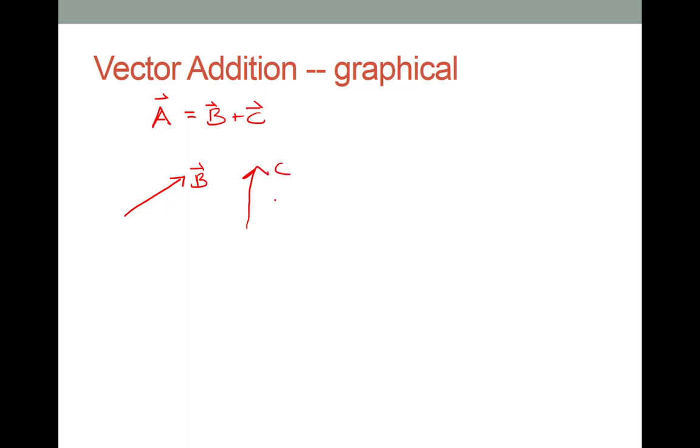If I want to add these 2 vectors, then I draw, to the best of my abilities, B again. I draw the first one. Then to the tip of the first one, I add the tail of the second. And then the sum of those 2 goes from the tail of the first to the tip of the second.